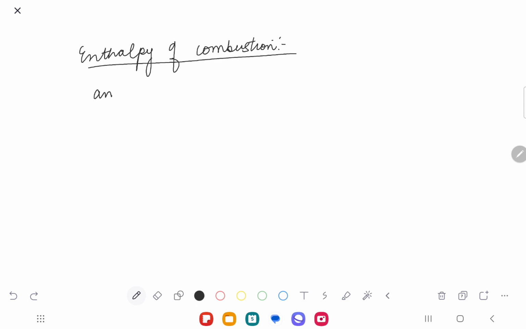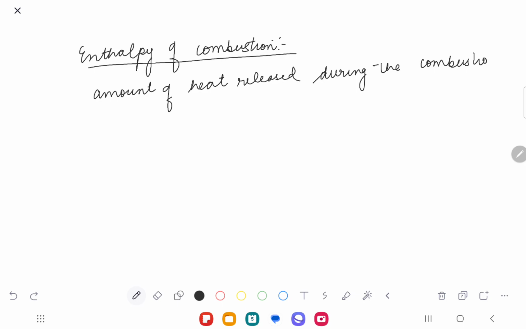It is the amount of heat released during the combustion of 1 mole of a substance in the excess amount of oxygen.